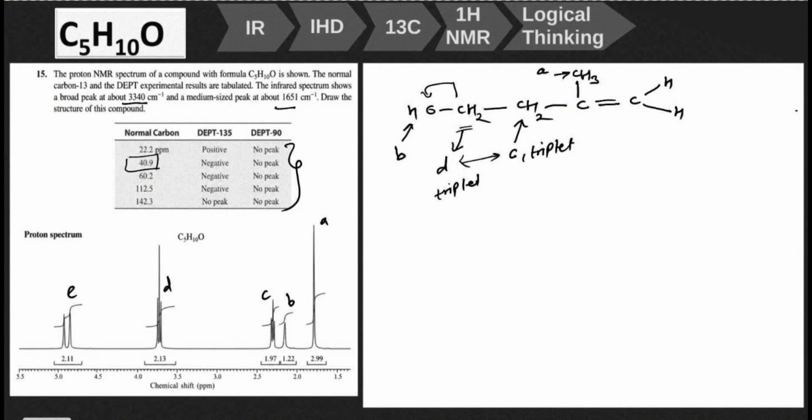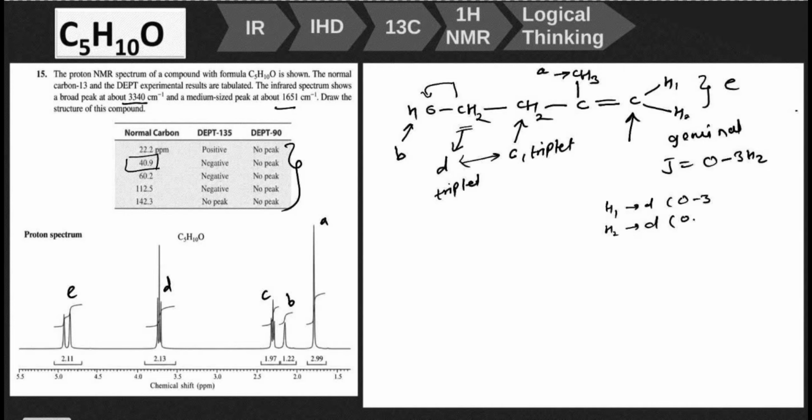Okay, now this is a very interesting part. This CH, now it is the E signal. You understand? This is E. This one is known as geminal hydrogens, and for geminal hydrogens the J value is very low, 0 to 3 Hertz. Therefore each hydrogen, let's say this is 1, this is 2, so H1 should show a doublet with a value from 0 to 3 Hertz, and H2 also should show a doublet with a low value from 0 to 3 Hertz.